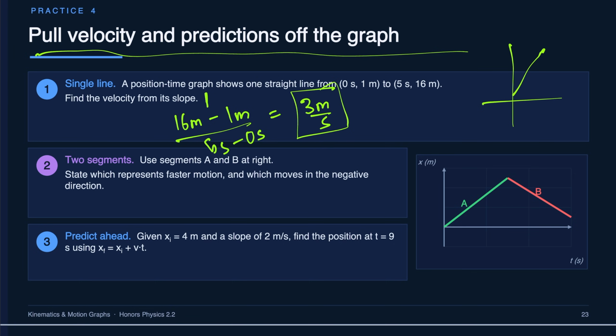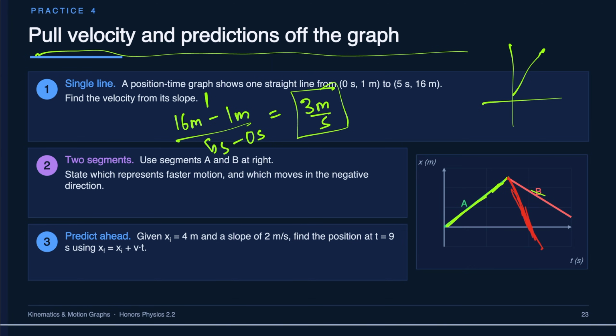That's velocity. Use segments A and B at right. State which represents faster motion and which moves in the negative direction. Since A is steeper, A represents faster motion. It's not because B is negative, it's just that B is not as steep as A. If B was something like this, if I use a different color, then B would be way faster.